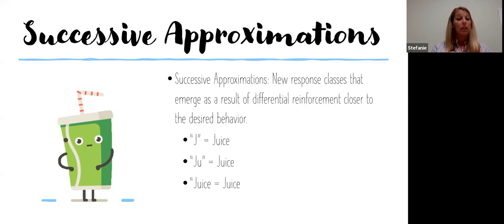Once we get reliable responding with the "ja," we're going to move to the next phase and we'll do "ju." Now we are only going to reinforce the "ju." Once we get reliable responding with that, then we can only reinforce "juice." So we'll expect that the response class gets harder and harder each time. We'll go "ja," "ju," "juice," and we'll reinforce each successive approximation.